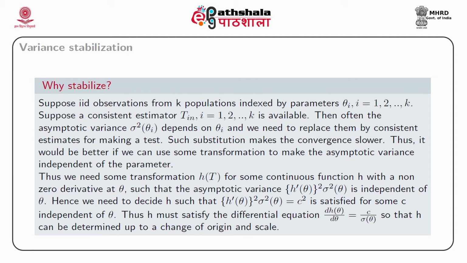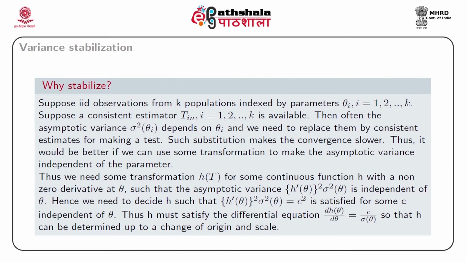Thus, it would be better if we can use some transformation to make the asymptotic variance independent of the parameter, so that we need not plug in estimates for the unknown variance. This means we need some transformation h of t, for some continuous function h with a non-zero derivative at theta, such that the asymptotic variance, which is already derived as the first derivative of h at theta whole square multiplied by sigma square theta, is independent of theta.